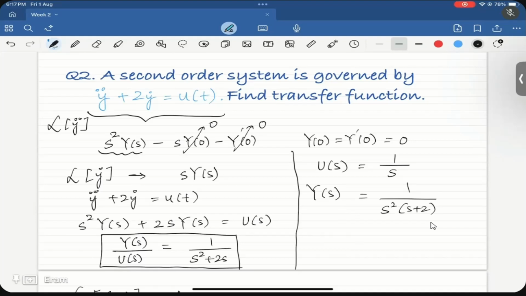Now what will be the poles? s will be 0, 0, minus 2. So we have two repeated poles at the origin, so the response of this system will be unbounded, and it will not be stable. So we have identified one input which can make this system unstable. If we are able to find any one input that makes the system unbounded, then that system will not be BIBO stable. Okay.